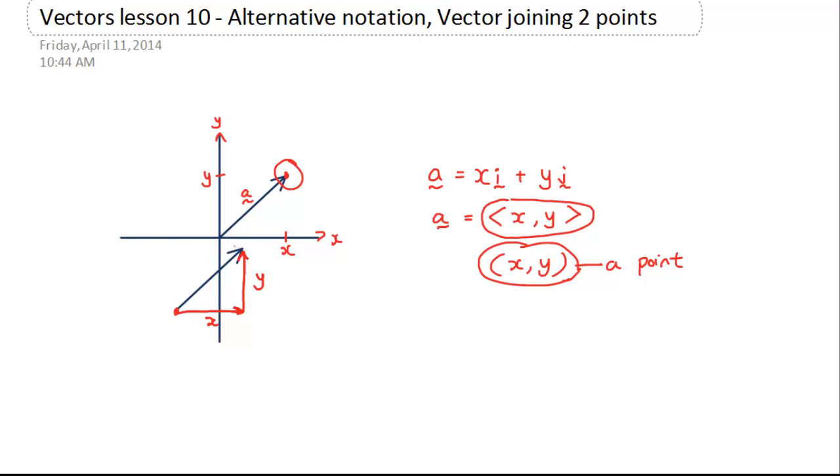It doesn't matter where you put the vector, you still use the same notation. So it's not this one, it's the one with the angle brackets.